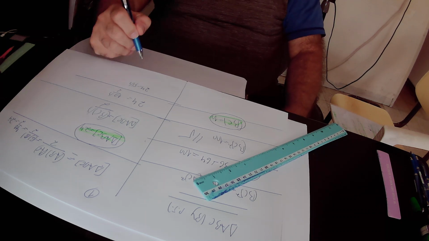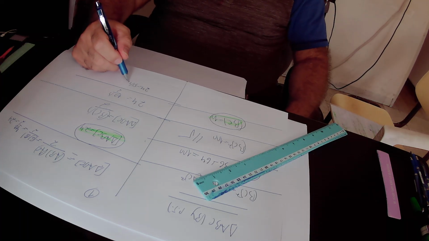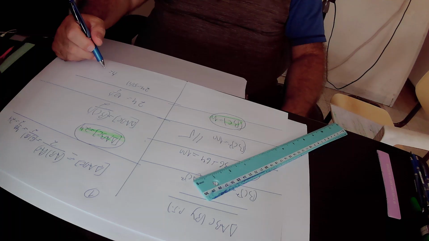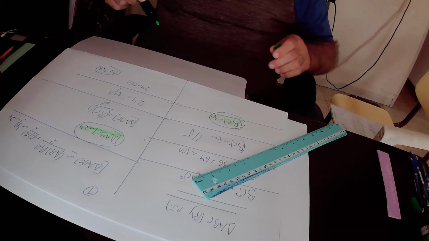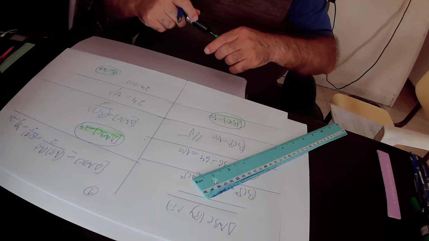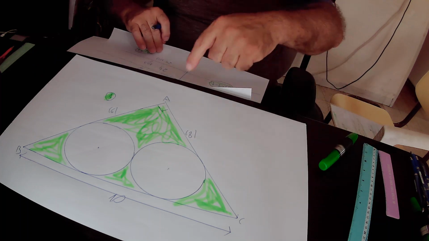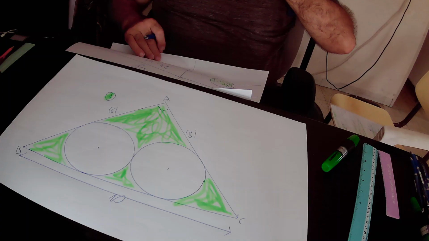Here we divide this equation by 5 and get H, the height to the base, equal to 24 over 5, that is 4.8 units in length. So the height H to the base BC equals 4.8 units.